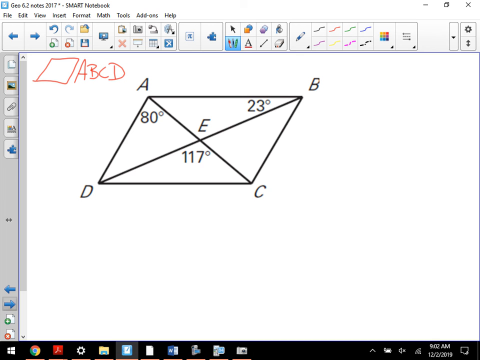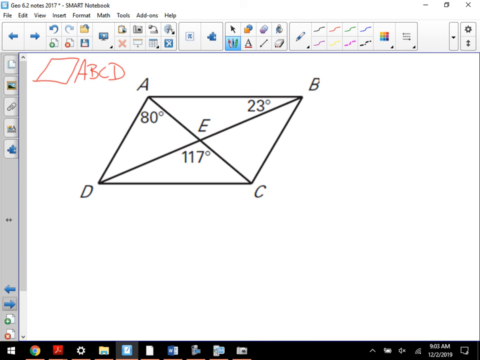Vertical angles and triangles, right? So here's how this works itself through. In this case, you have the angle DEC at 117.